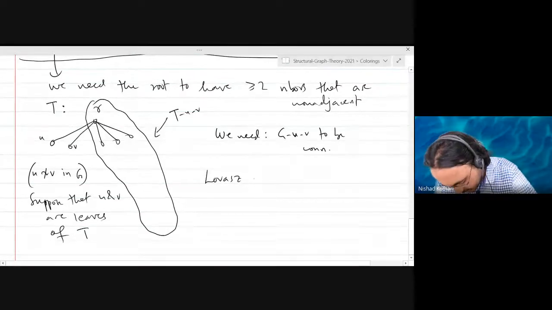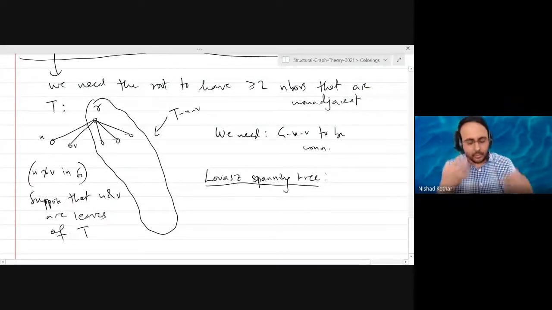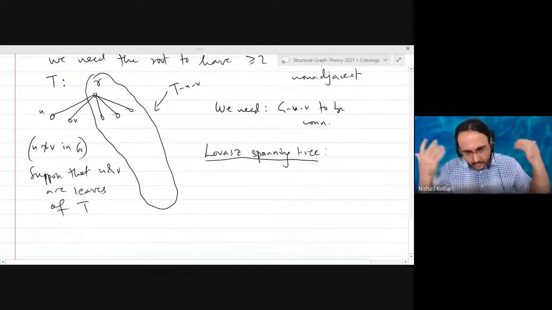Exactly. So let me call a Loa spanning tree. I'll just introduce a terminology to make things easier. I don't want to repeat the whole definition. So what is a Loa spanning tree?